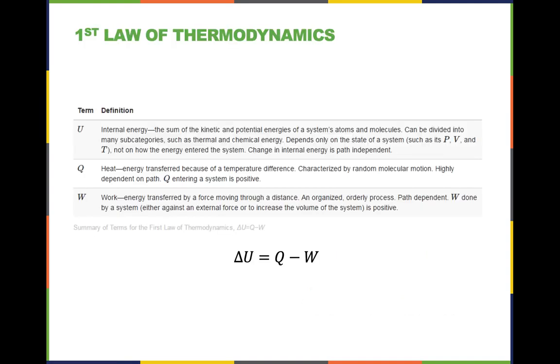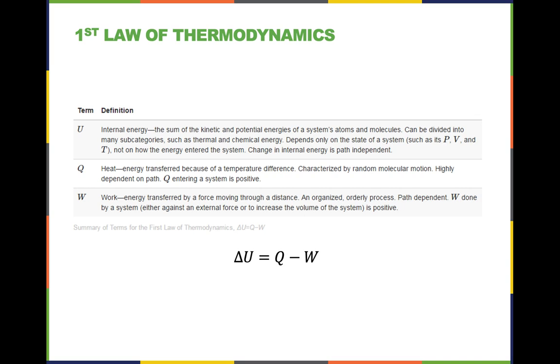So this is just another breakdown of the first law of thermodynamics. Your internal energy, the sum of kinetic and potential energies of a system's atoms and molecules, can be divided into many subcategories, such as thermal and kinetic energy. It depends only on the state of a system, such as your pressure, volume, and temperature, not on how the energy entered the system. Change in internal energy is path dependent, so it doesn't matter if the state changes.